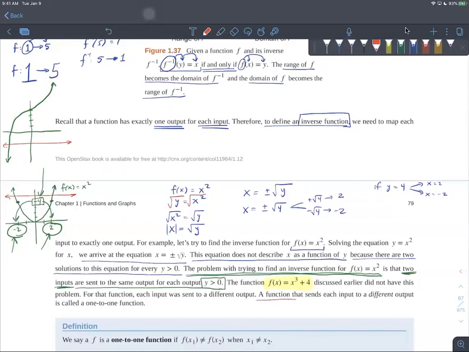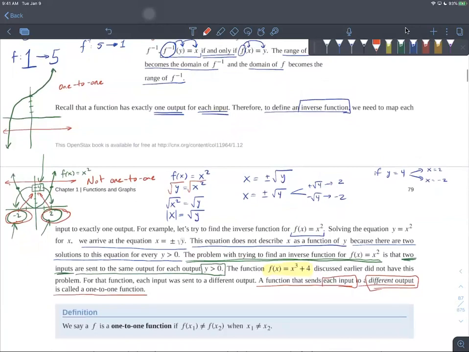A function that sends each input to a different output is called a one-to-one function. So here we have a one-to-one function. And then f of x equals x squared is not one-to-one because it does not send each input to a different output. Namely, the inputs 2 and -2 are actually sent to the same output of +4, and it fails to be one-to-one for that reason.